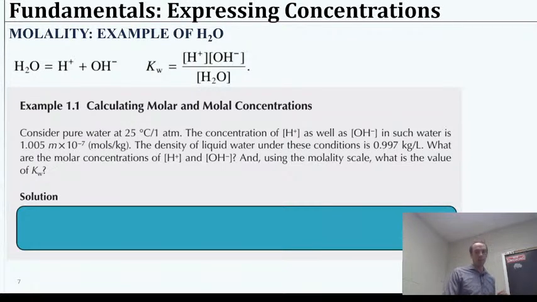The density of liquid water under these conditions is 0.997 kilograms per liter. Like I said, it's very close to 1 kilogram in every liter. So the question is, what are the molar concentrations of H plus and OH minus? And using the molality scale, what is the value of Kw?